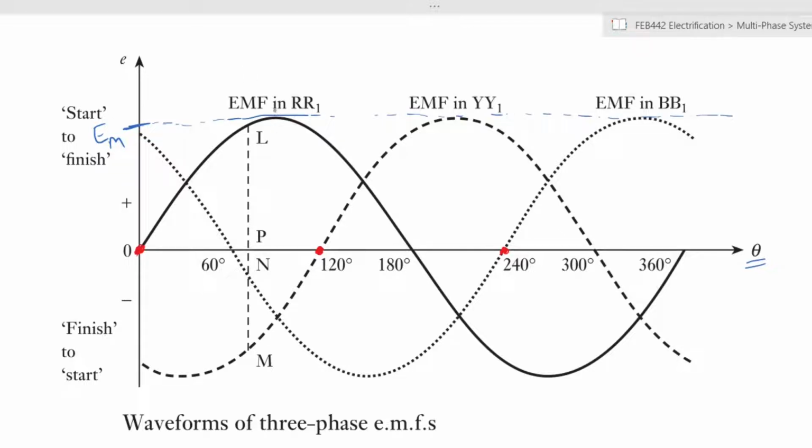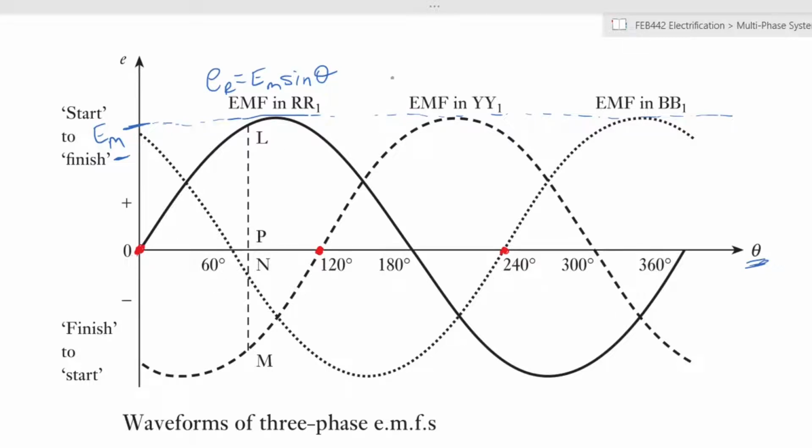So in this case, the red voltage would be represented by ER equal to EM times sine theta, because the angle through which it goes is theta. Sine of 0 is 0, so the voltage at this point is 0.